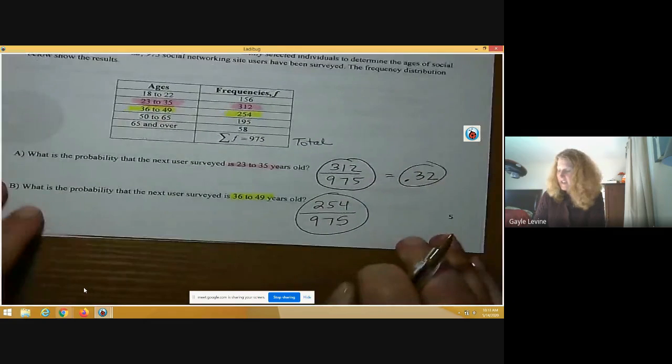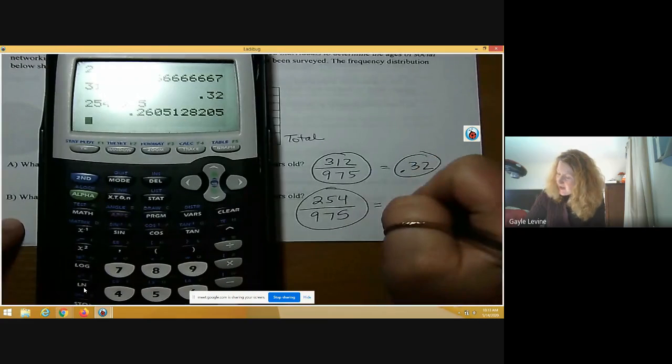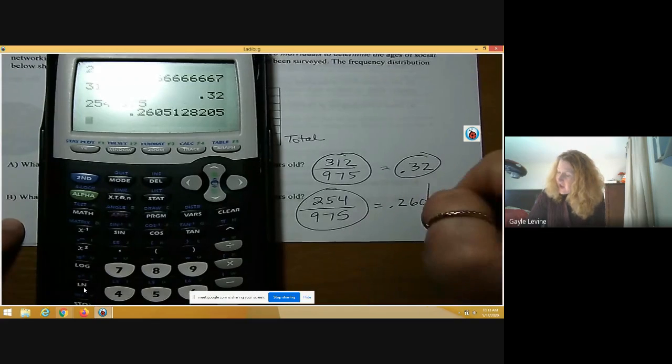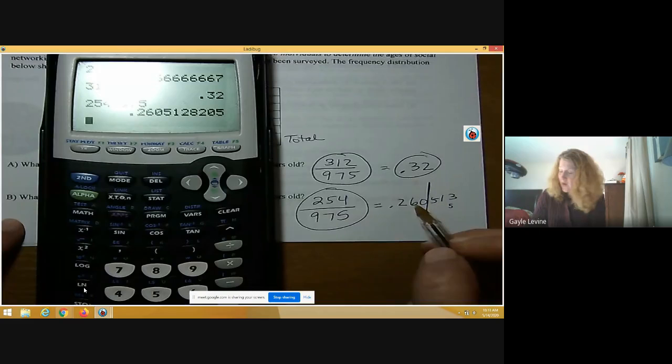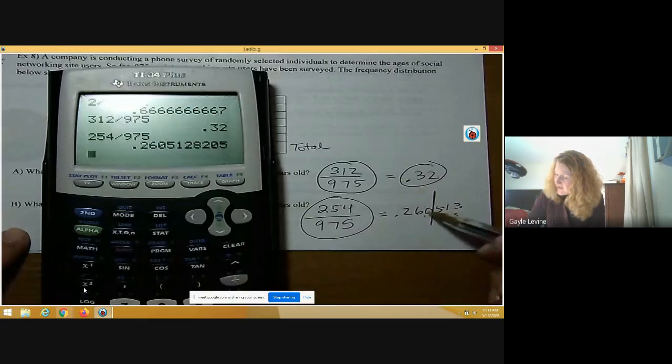That's your exact answer. And then we can do 254 divided by 975. And this time I get 0.260513. So if I look here, 1, 2, 3 digits, the next digit after the 0 is a 5. So this is going to round this up, and I'm going to get 0.261.